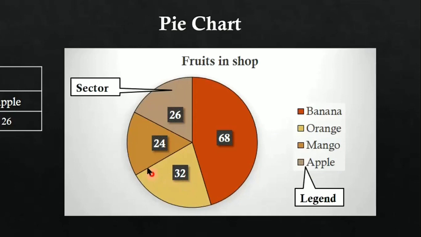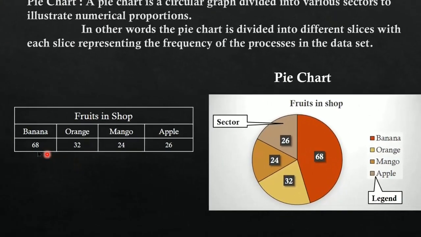Here we have the values in terms of numbers. Suppose you want to measure in terms of percentage. What we need to do is add all the fruits: 68 plus 32 plus 24 plus 26. After that, if you want the percentage of banana, 68 bananas are there, so you divide 68 by the total, which is 150.